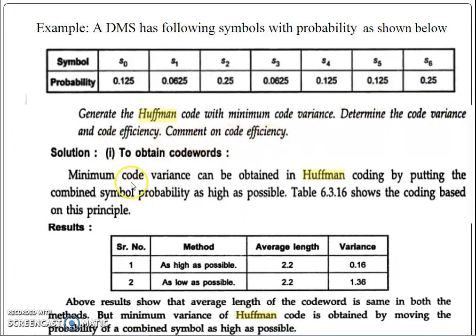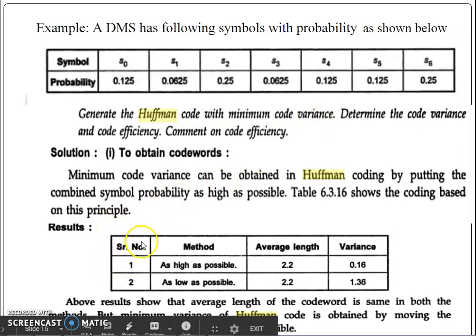The solution: as they have asked for the Huffman code with the minimum code variance, there are two methods to be used in Huffman coding. You can refer to this table. Method one is as high as possible, and method two is as low as possible.